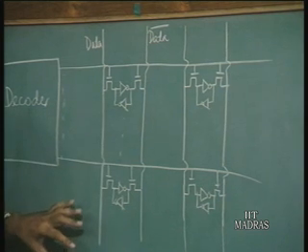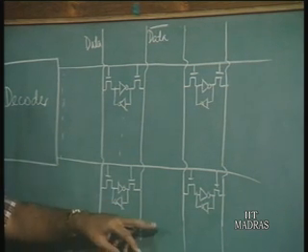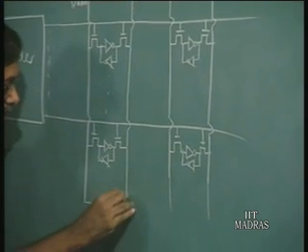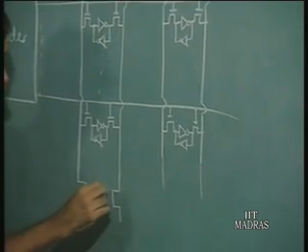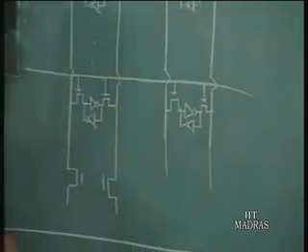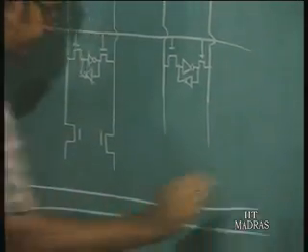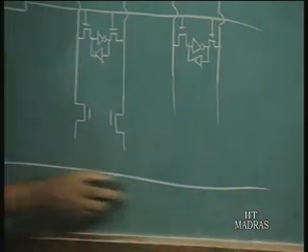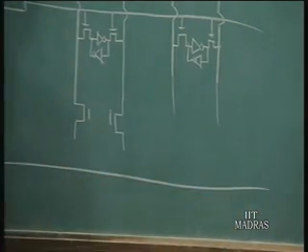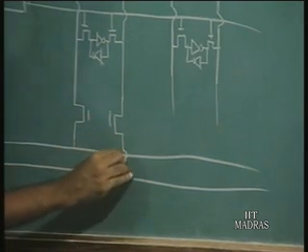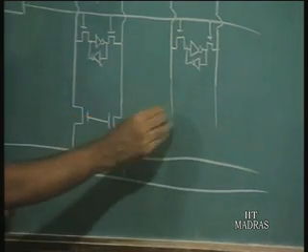Now, the next task is to select one of the columns. So, that is done again here using pass transistors. So, you have the IO lines, input output lines. So, these pass transistors are connected to these IO lines.